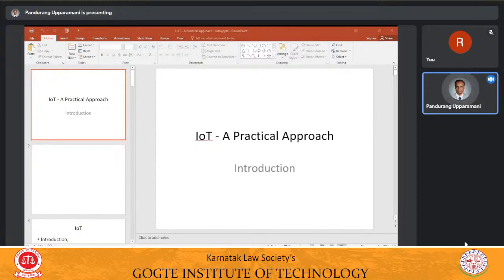Introduction. Today the IoT demand is very high. Everywhere we are using IoT applications, very useful applications using the internet as well as the IoT devices.